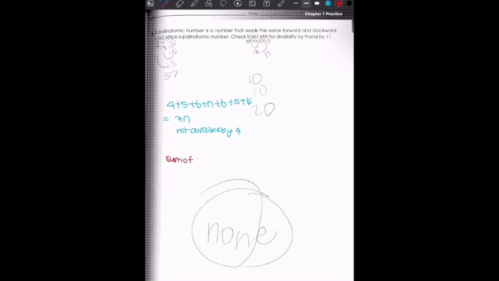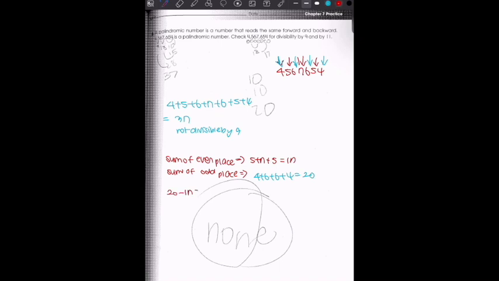So the sum of the digits of the even place is going to be 5 plus 7 plus 5, which is equal to 17, and the sum of the digits of the odd place is going to be 4 plus 6 plus 4 plus 6 plus 4 plus 6 plus 6 plus 4, that's going to be 20, and so the difference is going to be 20 minus 17, which is 3.